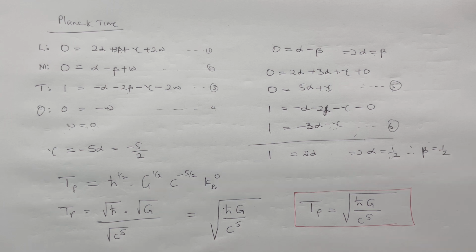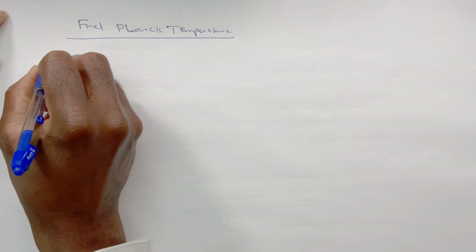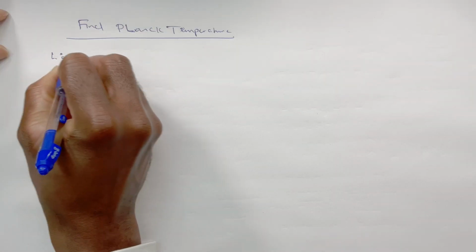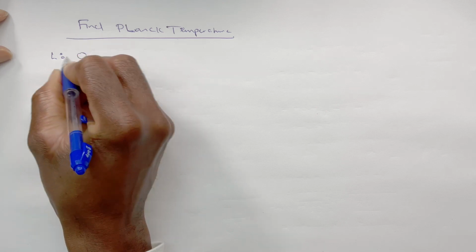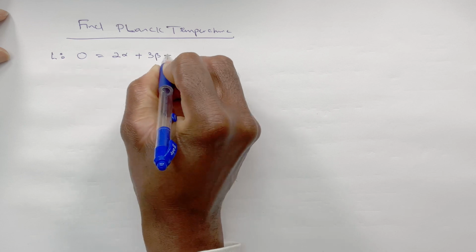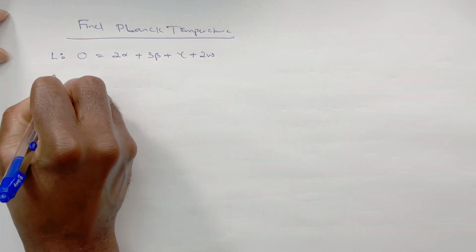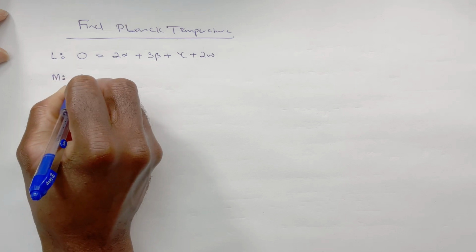Now we need to find the Planck temperature. To find that, we have to write the length. For length, that will be 0 because we're not looking for length. So that will be 2 alpha plus 3 beta plus gamma plus 2 omega. For mass, because we're not looking for mass, that's 0.